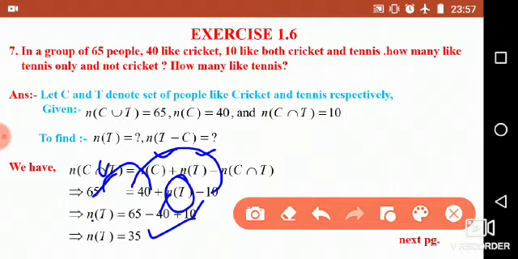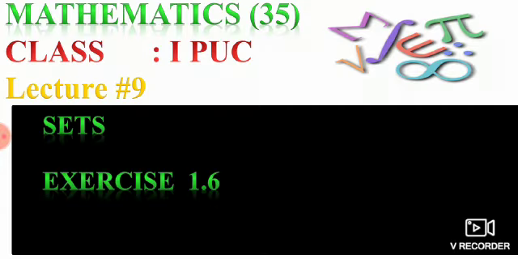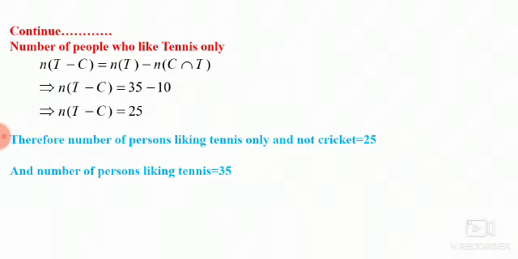In continuation of the same problem, we are going to find the number of people who like tennis but not cricket. Here we write the formula: the number of people who like tennis only is given by n of T minus C is equal to n of T minus n of C intersection T. We just found the number of people who like tennis is 35, minus the number of people who like cricket and tennis, 10.